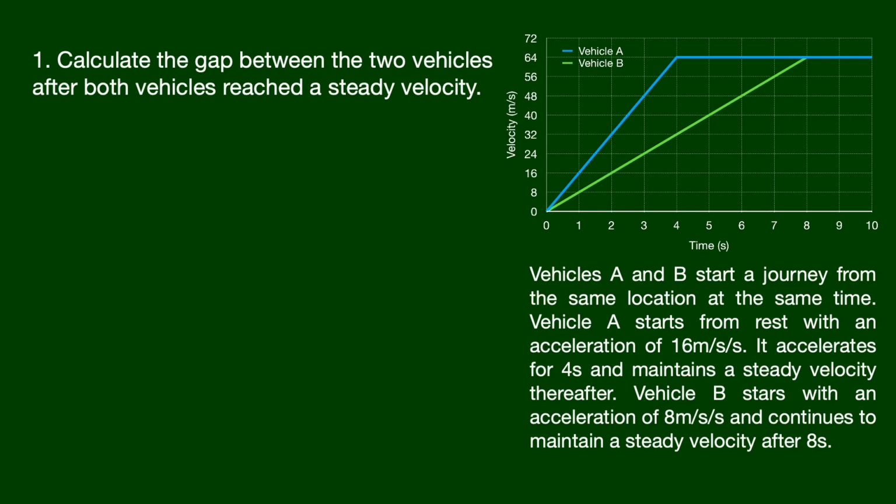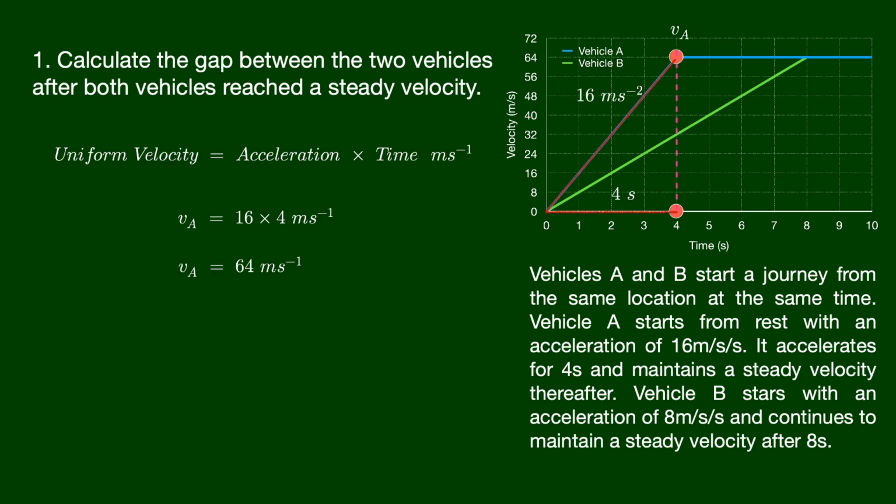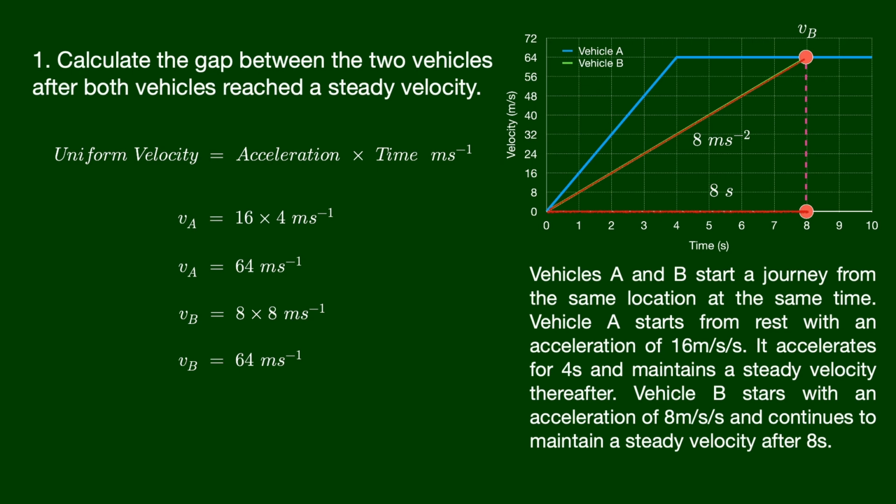Let's draw the velocity time graph for the motion of the two vehicles. Vehicle A travels with an acceleration of 16 meters per second for 4 seconds. We can calculate the velocity of vehicle A by taking the product of acceleration and time. We can follow the same method to calculate the velocity of vehicle B. The graph shows that the two vehicles maintain a steady velocity after the 8th second.